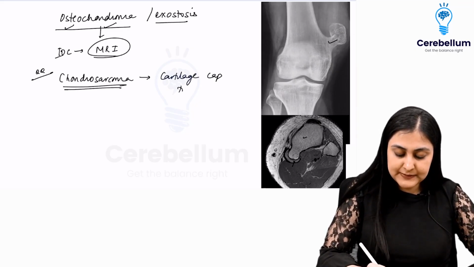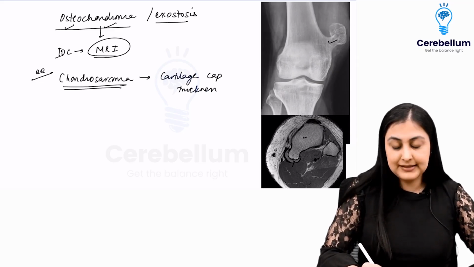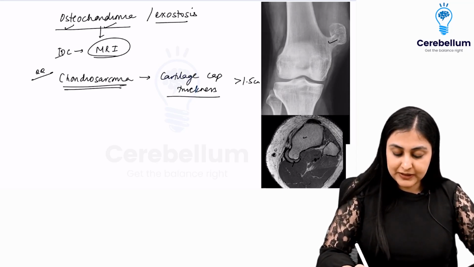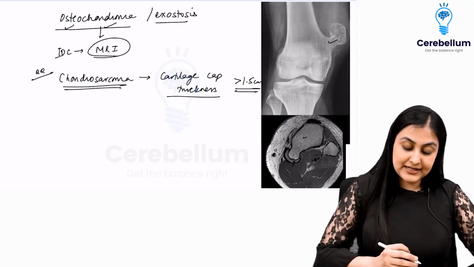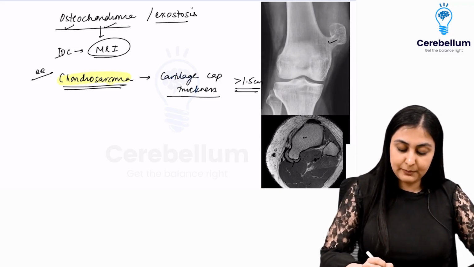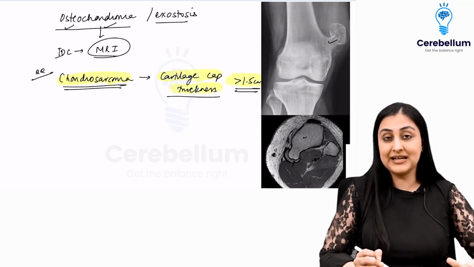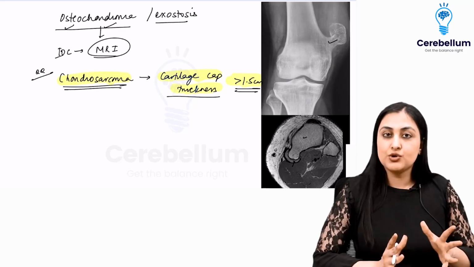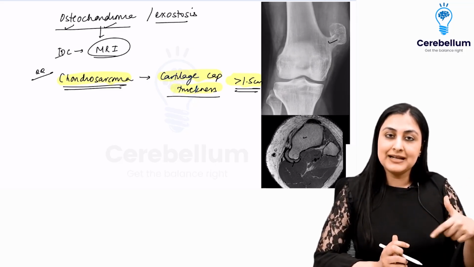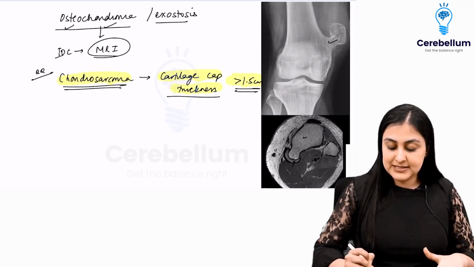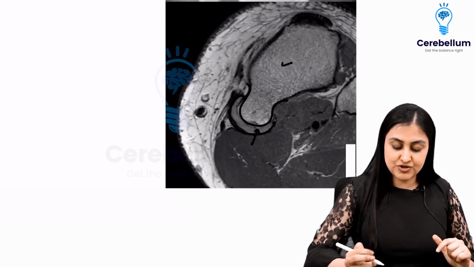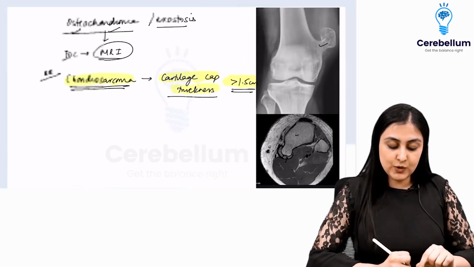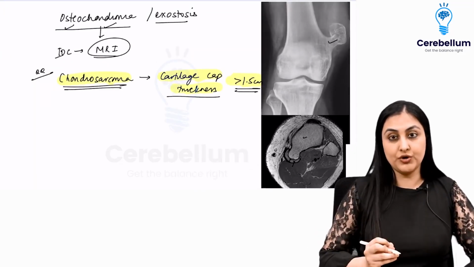I can monitor these patients on MRI, see their cartilage cap thickness, and if the cap thickness is more than 1.5 centimeter, that is a sign that the patient is developing chondrosarcoma and must be taken up for resection. Okay, so all of these patients of osteochondroma are kept on follow-up. They get routine MRIs done, and when this cap here measures more than 1.5 centimeter, it needs to be resected. Okay, so that is osteochondroma.